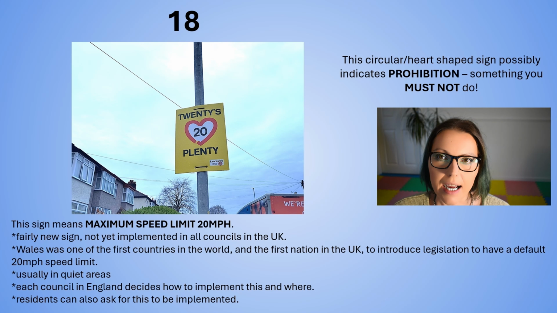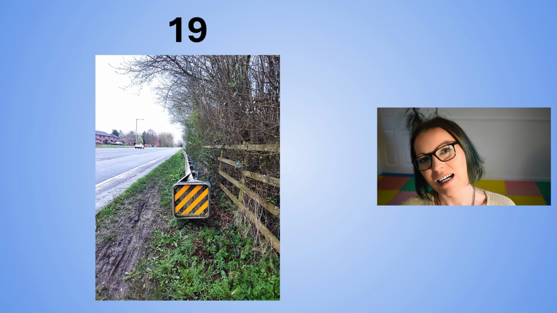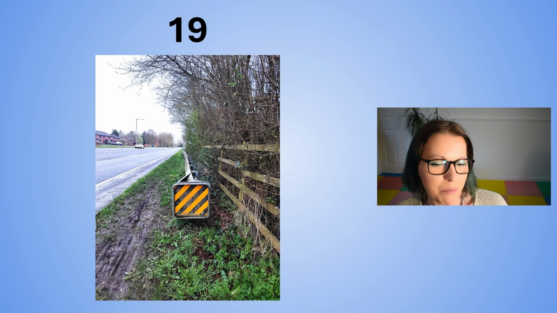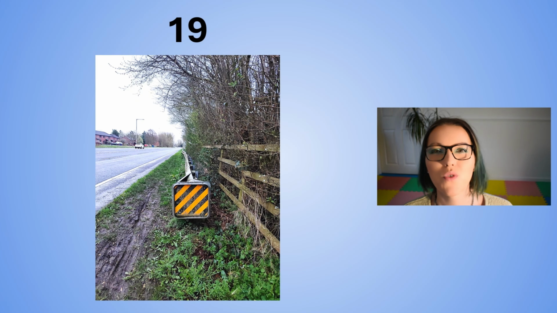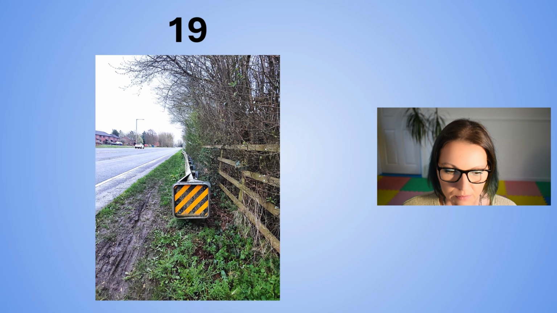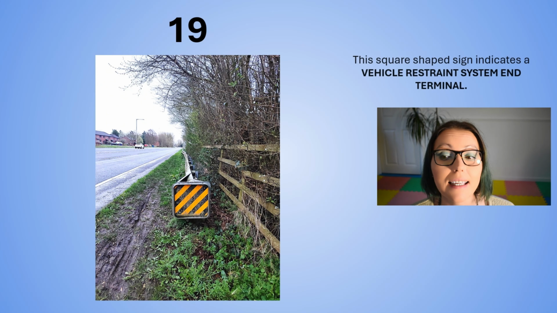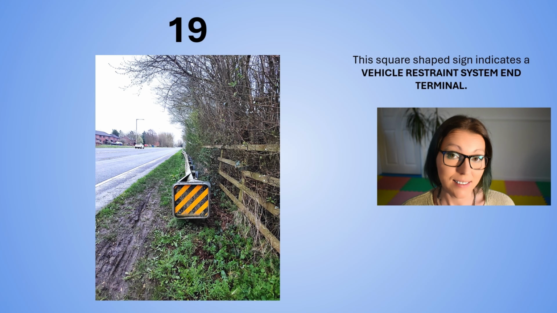And our next sign is number 19. This is another one which I found in my area, and it's not exactly a traffic sign, but I would like to think that it's considered a road sign. So this square-shaped sign indicates a vehicle restraint system and terminal.